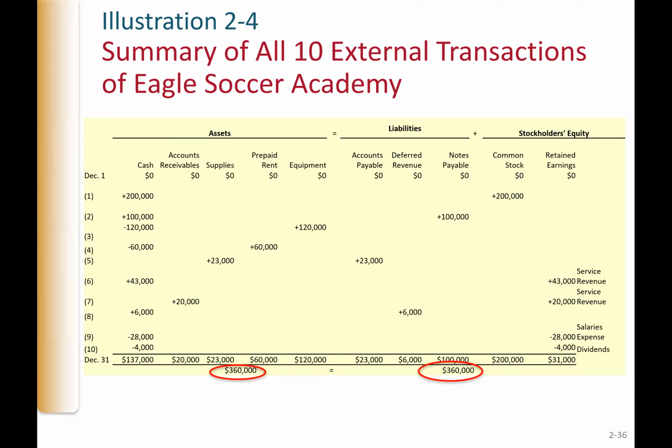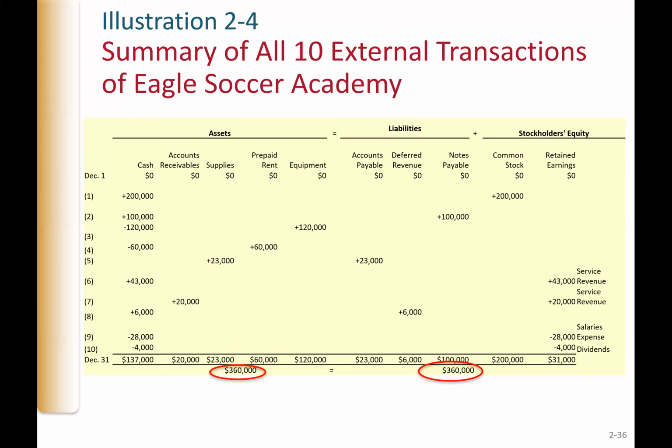The new liabilities we've learned about: accounts payable. We owe a business money. Deferred revenue is a liability because a deferred revenue means someone gave us money up front for a service we need to provide in the future. And a note payable is a liability.